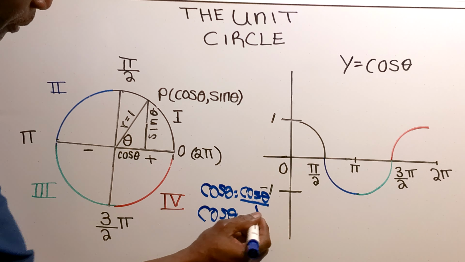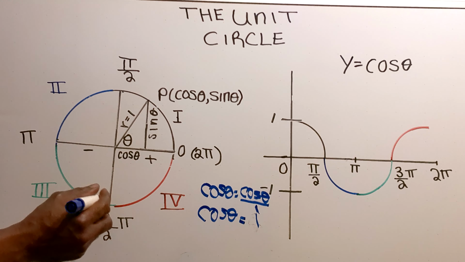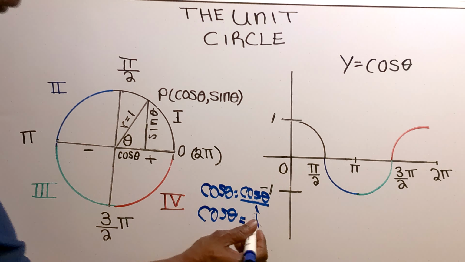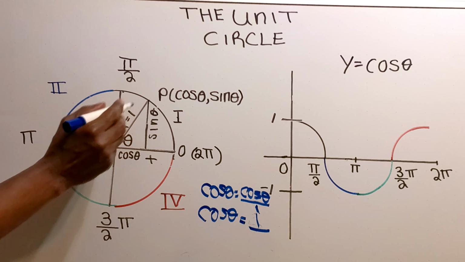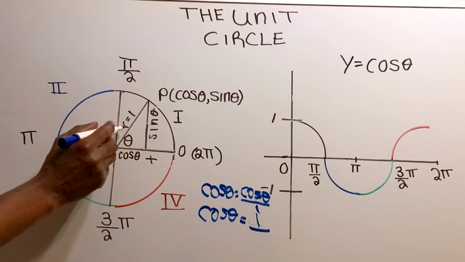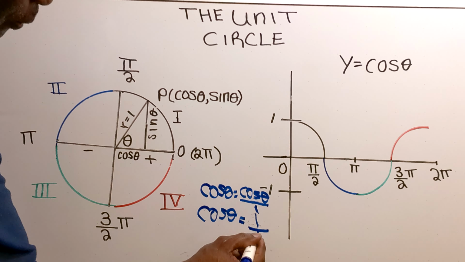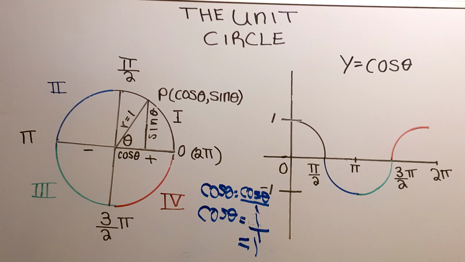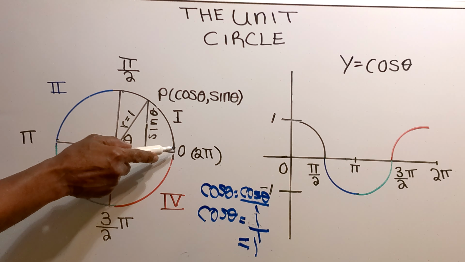This is 1 over the length of the radius, which equals 1. The radius equals 1.